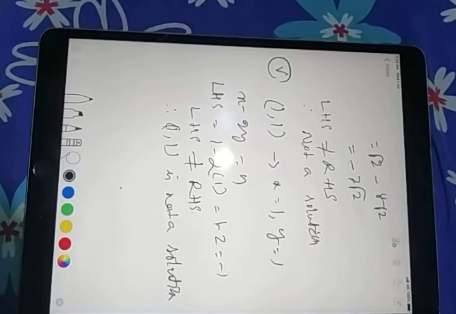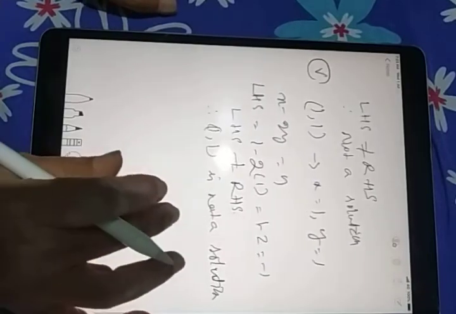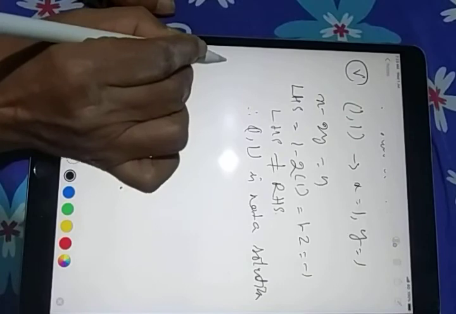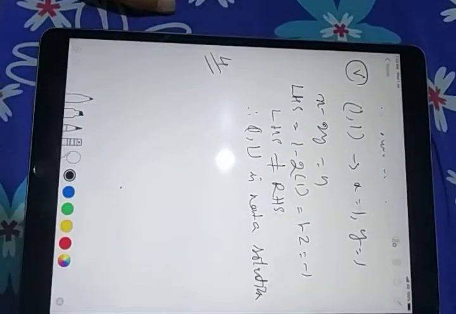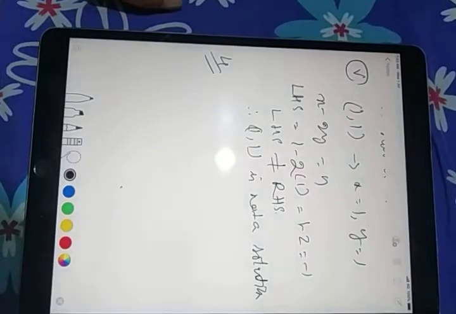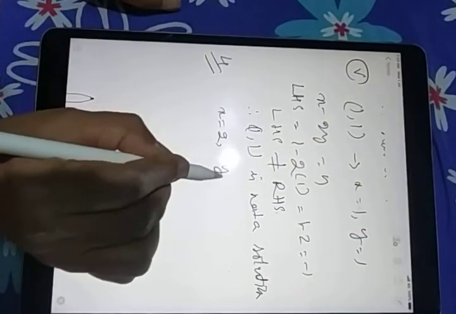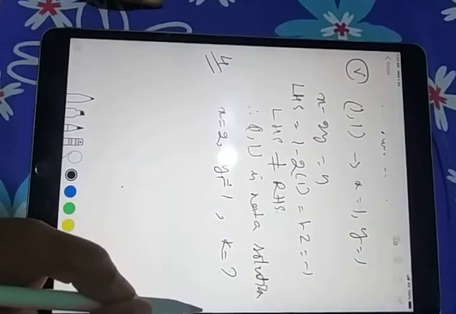Then question number 4 of this exercise, that is also important. Find the value of k if x equal to 2, y equal to 1. You have to find the value of k.